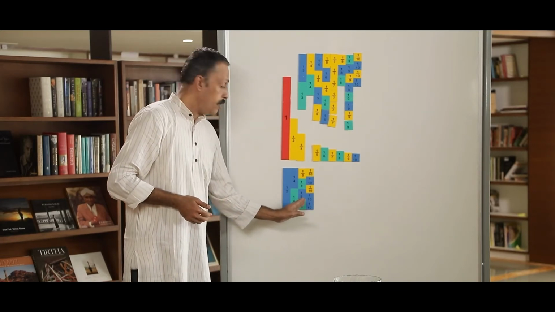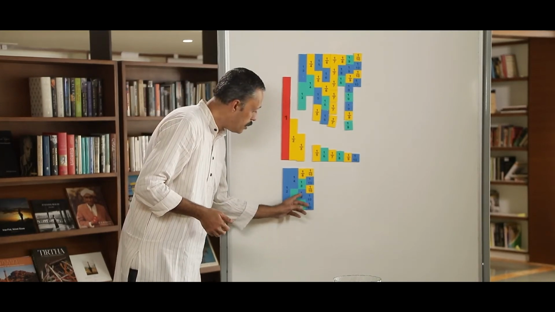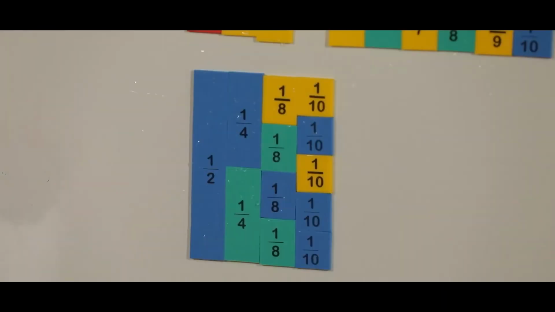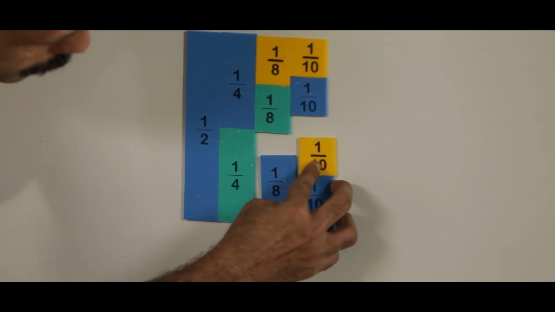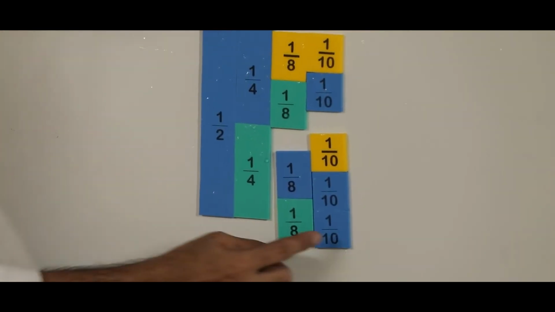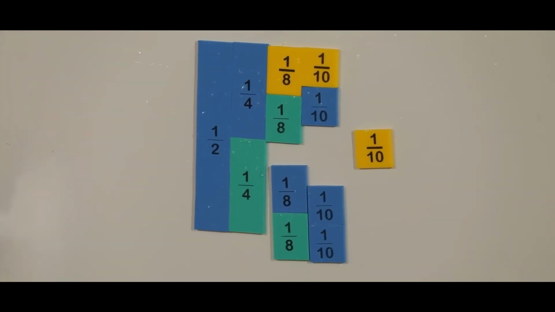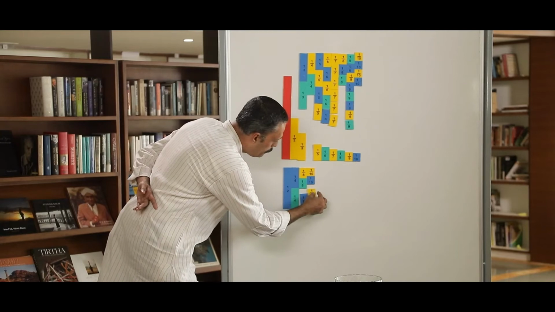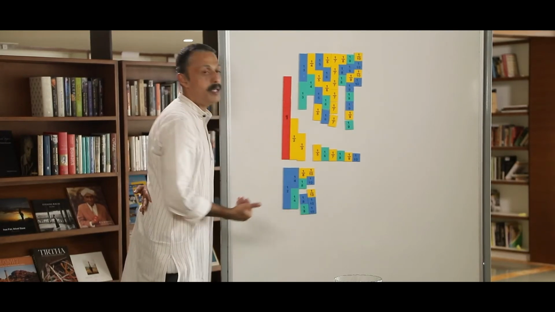This 1/4 is equal to 2 of 1/8. Can we say 3 of 1/10 are equal to 2 of 1/8? Can we say they are equal? They are not equal. So, even here, it is not equal. 3 1/10s are not equal to 2 1/8s.